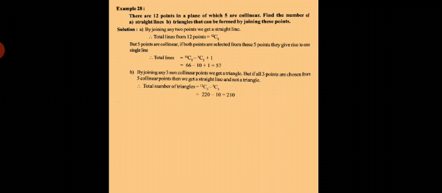Total number of triangles is equal to 12C3 minus 5C3. So use the proper formula of nCr, that is n factorial upon n minus r factorial into r factorial. You get 12C3 is equal to 220 minus 5C3 is equal to 10. Subtract these two numbers, you get 210.